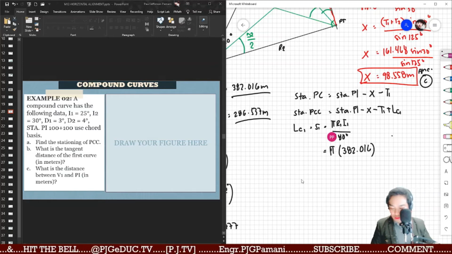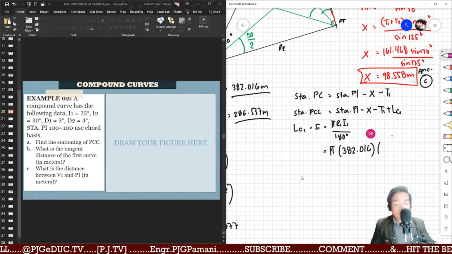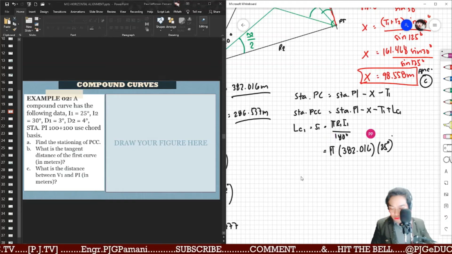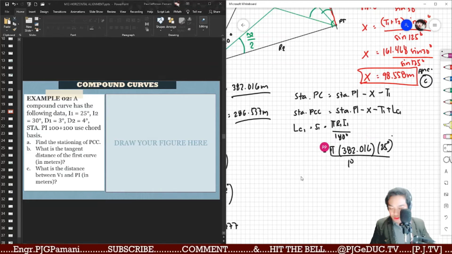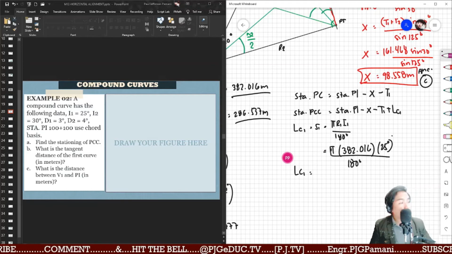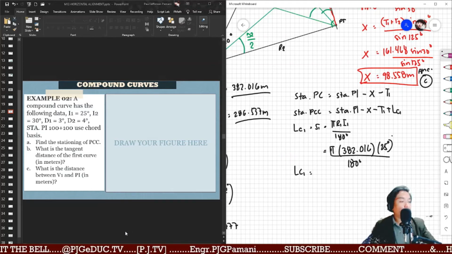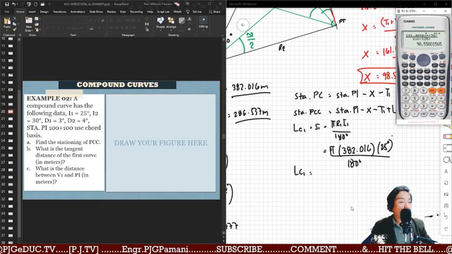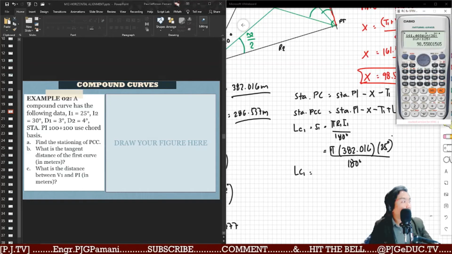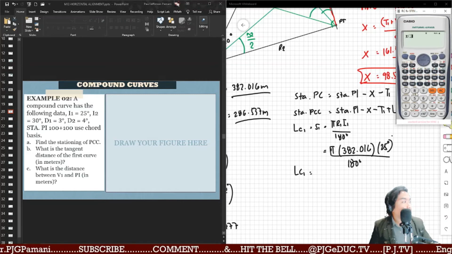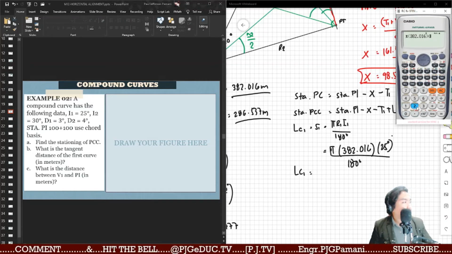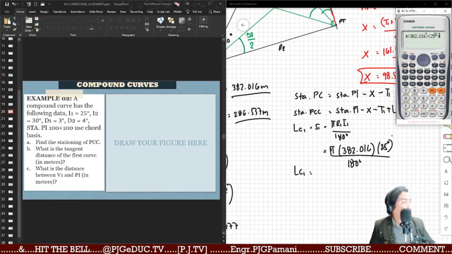382.016. Then the central angle of the first curve, 25 degrees, all over 180 degrees. So LC1 is now equal to pi times 382.016 times 25 degrees all over 180.